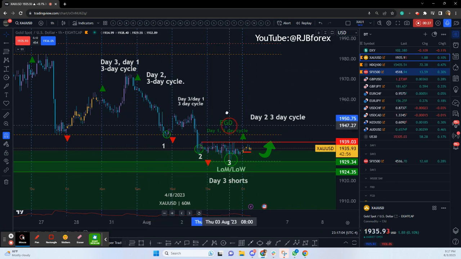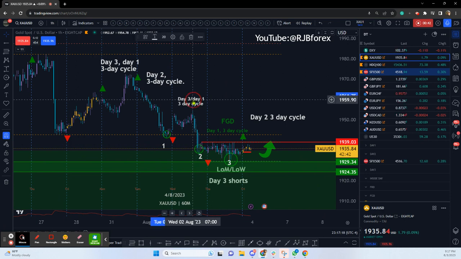Now, considering this was a first green day close, in the 3-day cycle, it's turned back to day 1 because here was day 3 of the prior 3-day cycle, changing back to day 1.